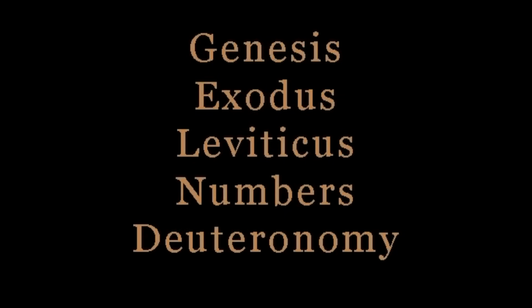Second Exodus, third Leviticus, fourth Numbers, and the fifth is Deuteronomy, the last of them all. Let us sing the books of history. There's 12 books in all. There's Joshua and Judges and the story of Ruth.